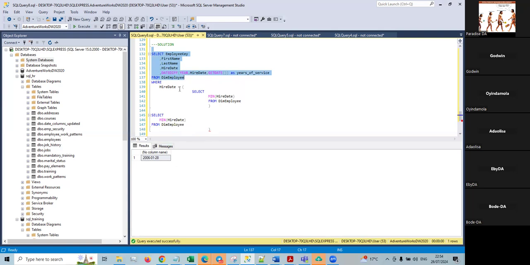But where all the people employed are those who were employed on this specific date, the minimum hire date. In much the same way, if we want to find the youngest person in the business, then what do we do? We make this maximum, max. Do you get the point? And that should solve the problem.